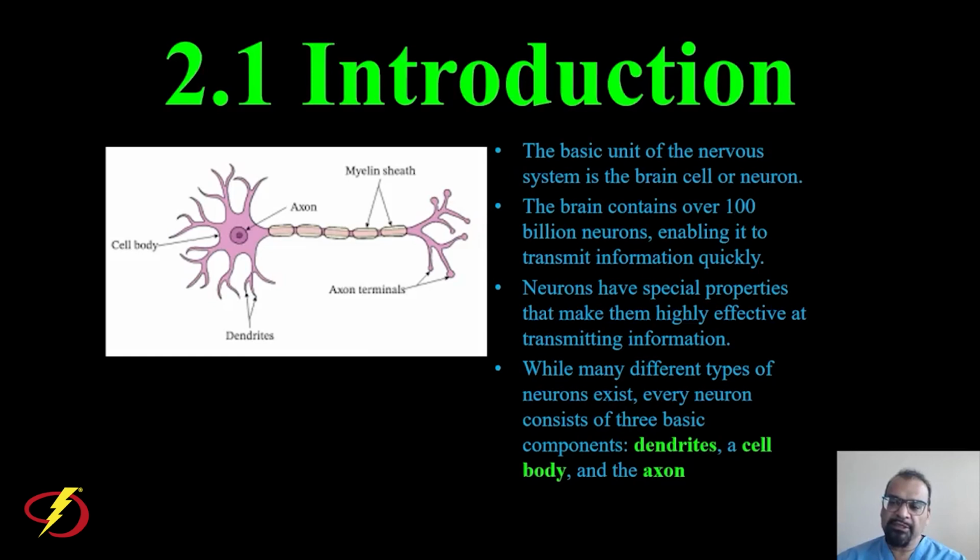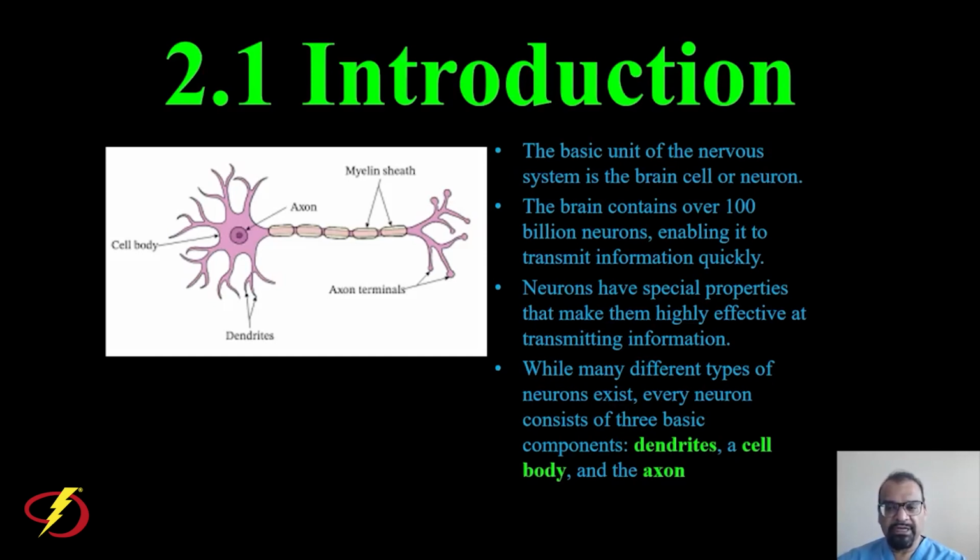So the basic unit of the nervous system is the brain cell or neuron. The brain contains over 100 billion neurons, allowing it to transmit information quickly. Neurons have special properties that make them highly effective in transmitting information.